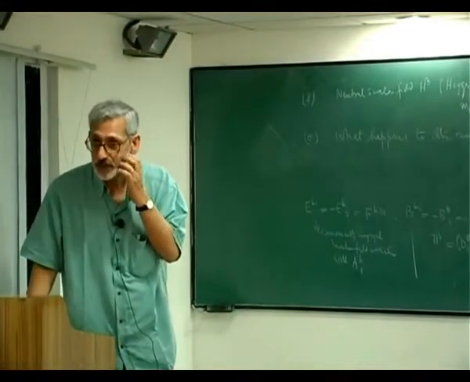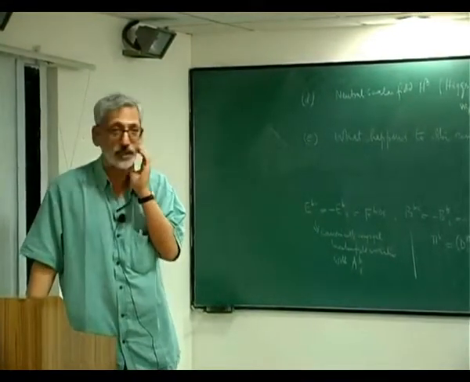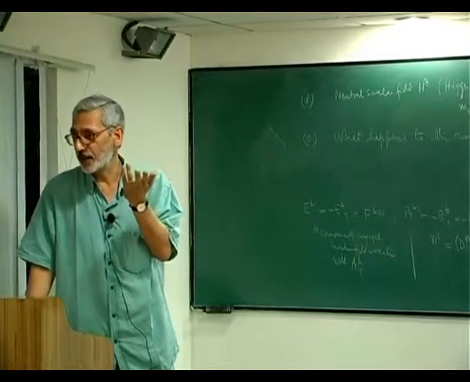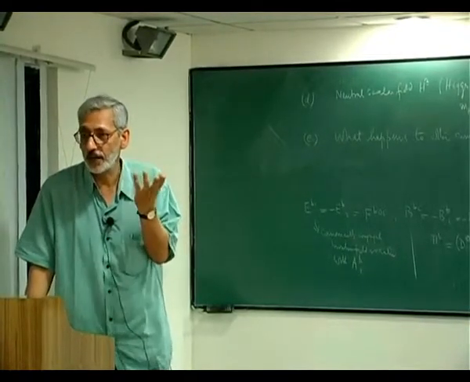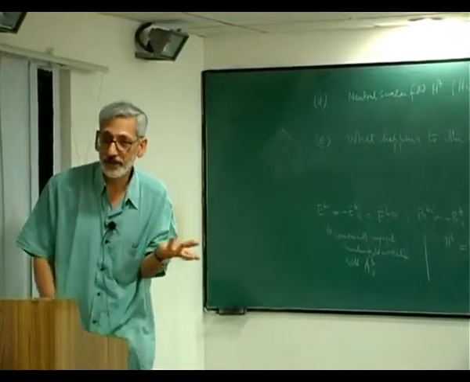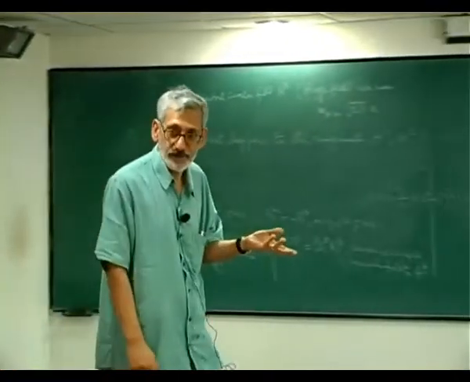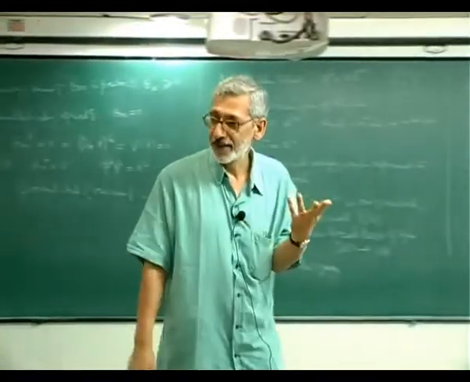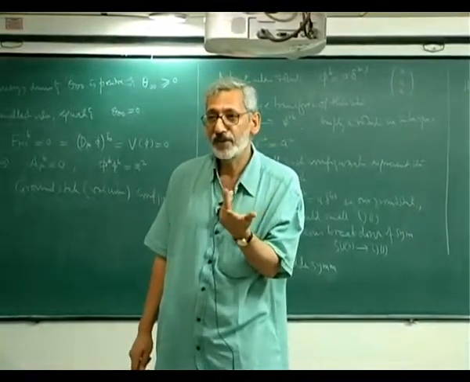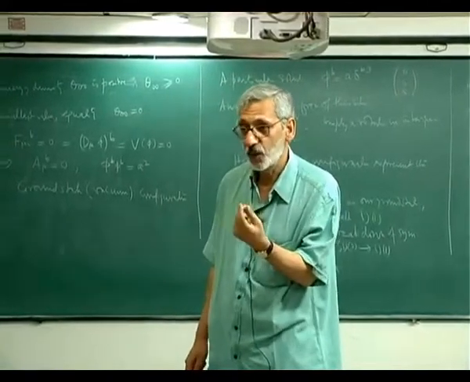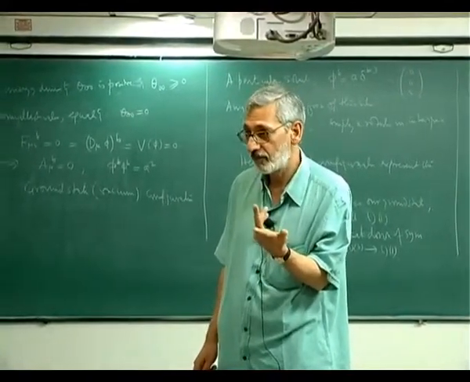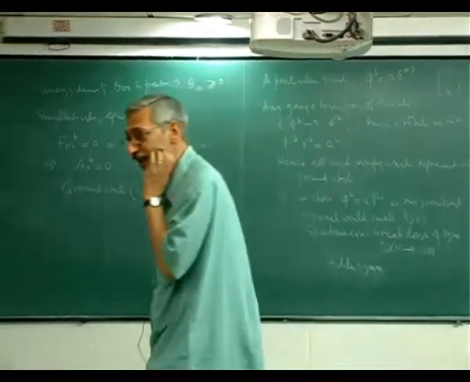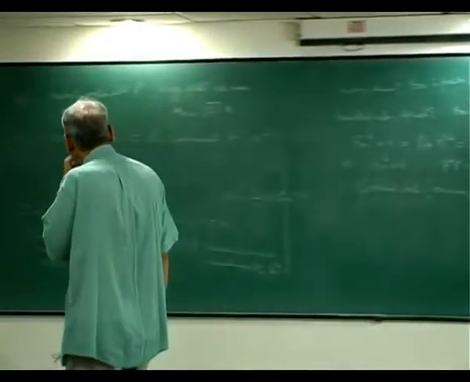Does anybody know what happens without having to think about it? Because you've done electroweak theory. There also something of this kind happens. What happens to these two components? Where are they? They somehow don't have any special physical content. Well, they have some physical content, but they don't have any independent physical content. What happened to them? Somebody says eaten up by the gauge bosons. What does that mean? Yes.